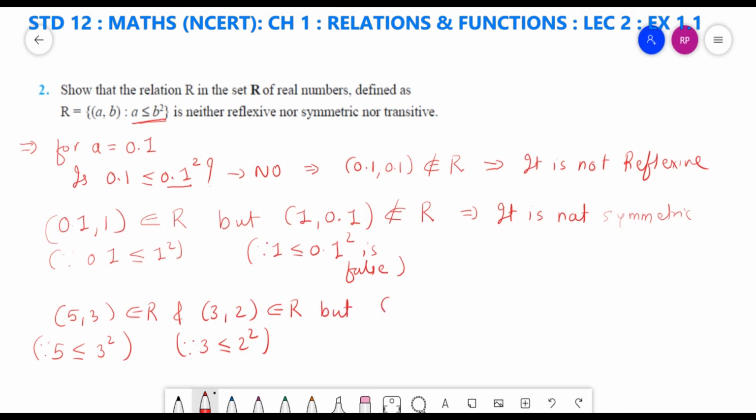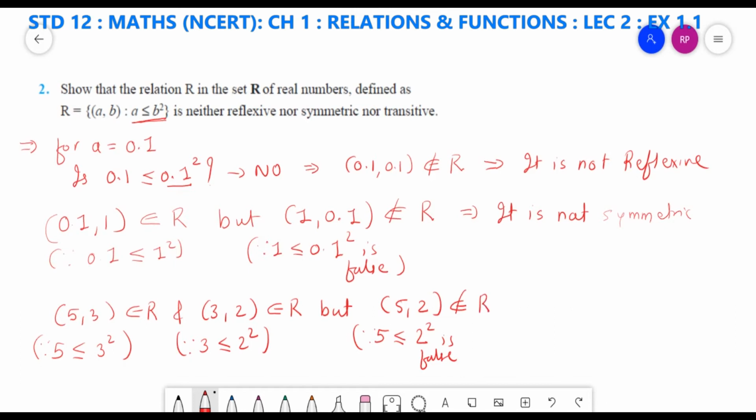But what about (pi, 2)? If it belongs to R, then it will be transitive. So is pi less than or equal to 2 square, that is, pi less than or equal to 4? No, so this is false. As pi is not less than or equal to 2 square, this does not belong to R. See, (pi, 3) belongs to R and (3, 2) belongs to R, but (pi, 2) does not belong to R. That means it is not transitive.